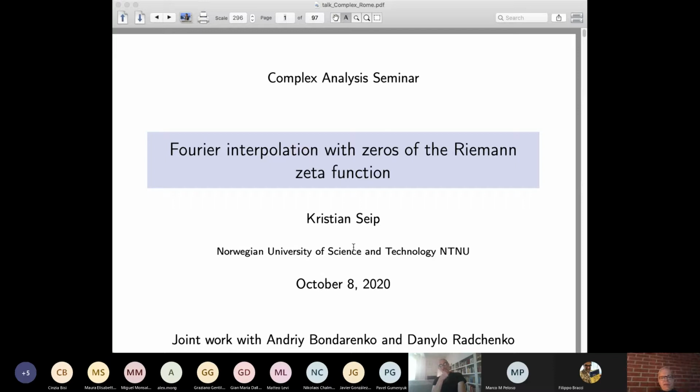Some key facts about zeta, which is what is behind the Fourier duality, the main point of this talk, the Fourier duality between the primes and the non-trivial zeros of zeta. And then I will speak about the specific result about the zeros of zeta, but I would like to place this in context by giving some general comments about this general phenomenon of Fourier interpolation, what it is.